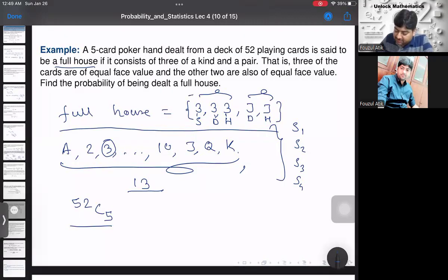And in the first place you should have one face value. So I'll have 13 into, now I have 4 different suits of card. Among them I have to select 3. How many ways can you do that? Yes, it is 4C3.